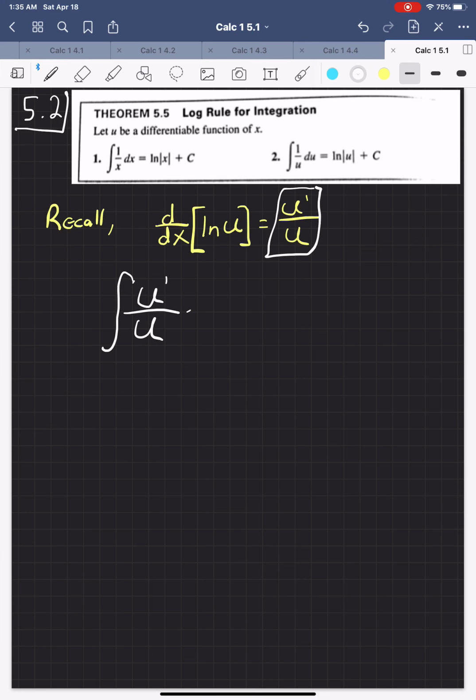So if you wanted to integrate that with respect to x, what would you get back out? Just think about what I'm saying.